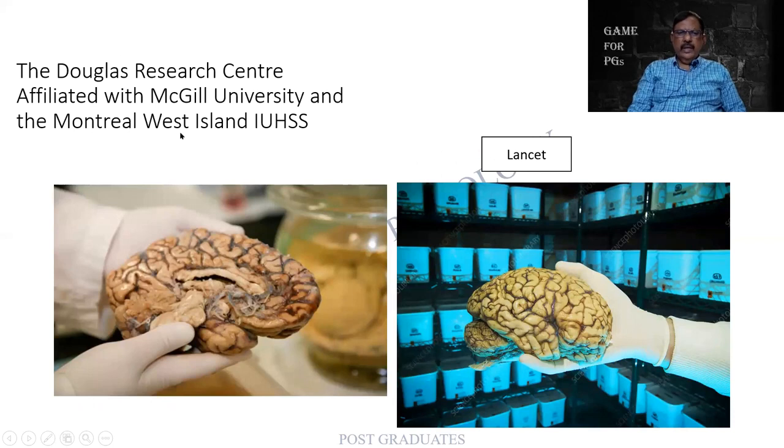And this again is a continuation of the brain banking. This is a particular source from which I have retrieved the specimen. It has been well fixed, probably by means of perfusion, and it is stored. You find that there are numbers being given and a wonderful storage interior being maintained.